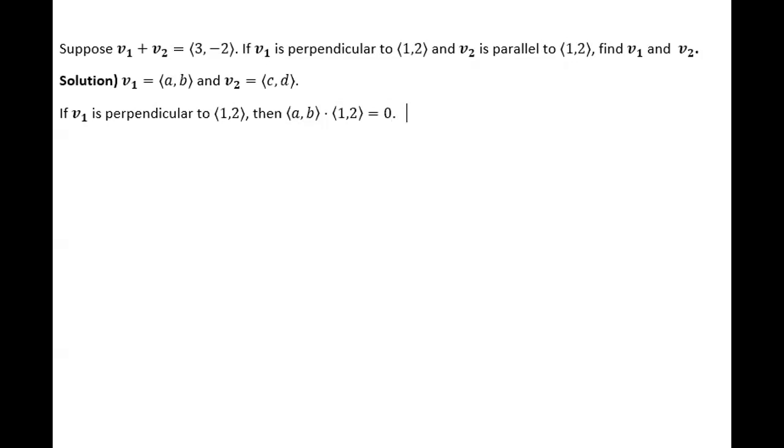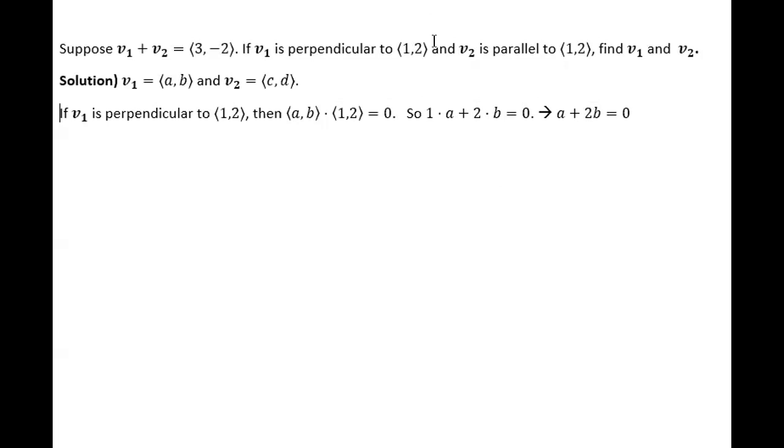And this just means we have 1 times A plus 2 times B equals 0. So we know that A plus 2B equals 0. So that's our first result.